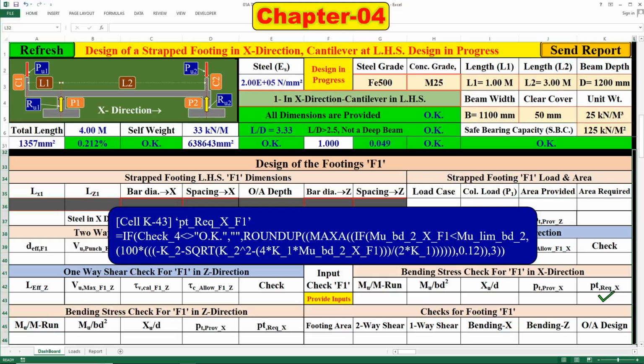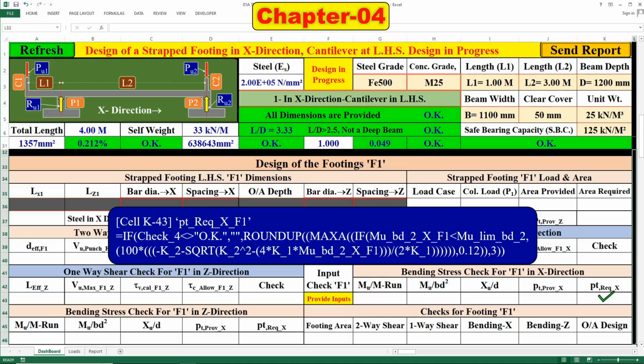After checking the primary condition, Excel evaluates whether mu_bd_2_x_f1 is less than mu_lim_bd_2.